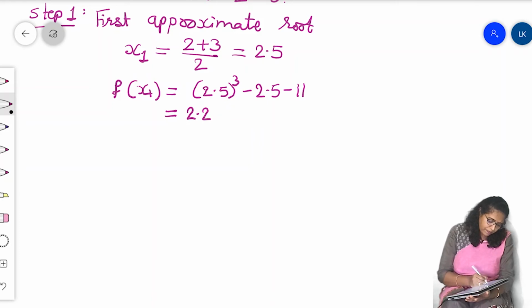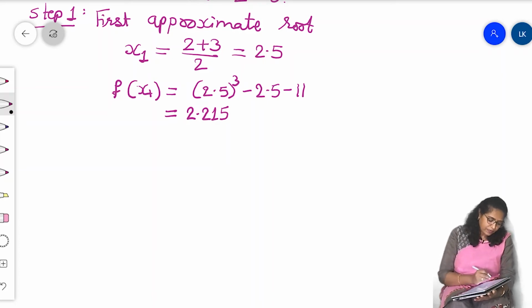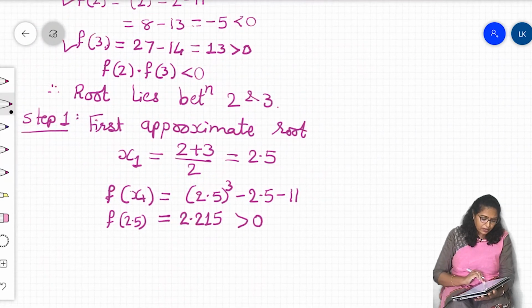I am using here calci. Now, f of 2.5 is positive. So previously, where is the negative number?